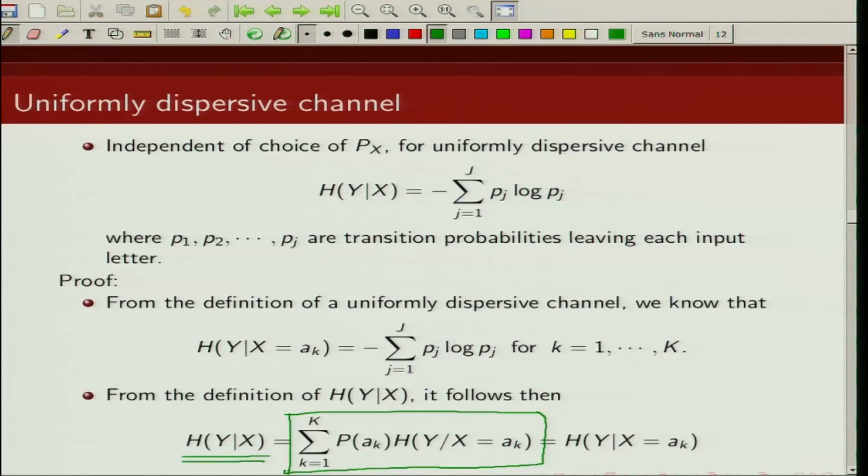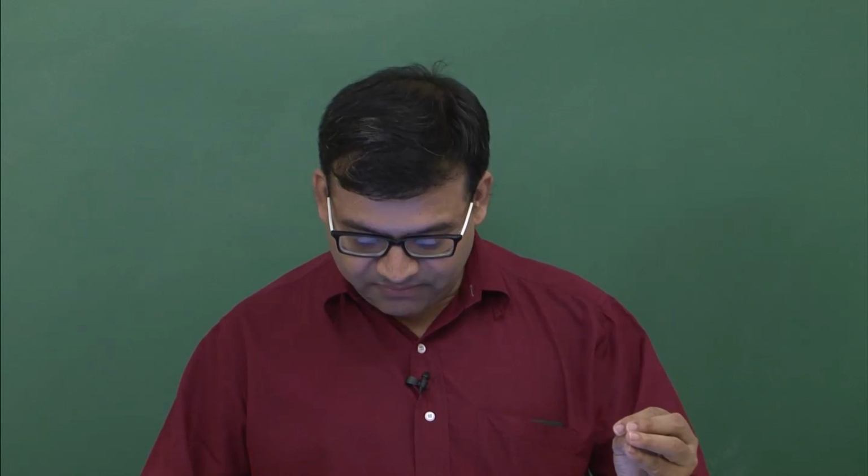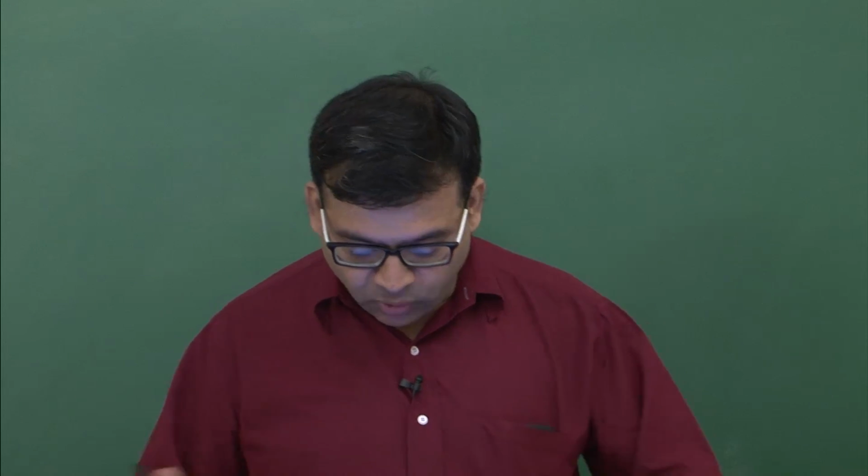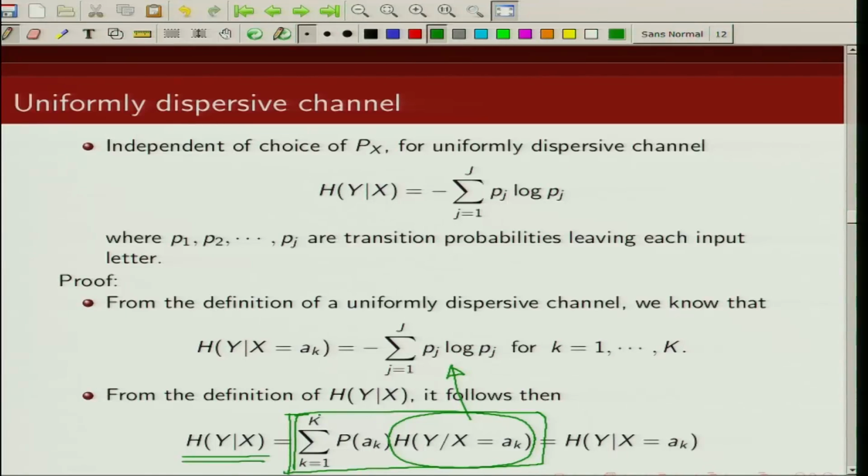Now, note this term, which is given by this expression, is the same for all inputs for a uniformly dispersive channel. So, you take this out, then you are left with the summation of P of ak over all k's. That summation is 1.